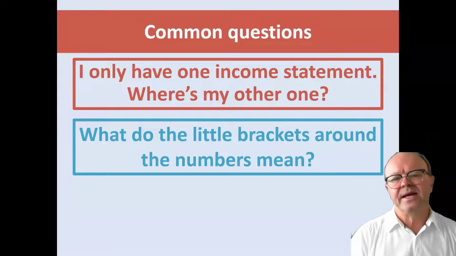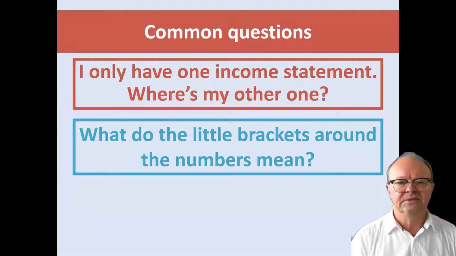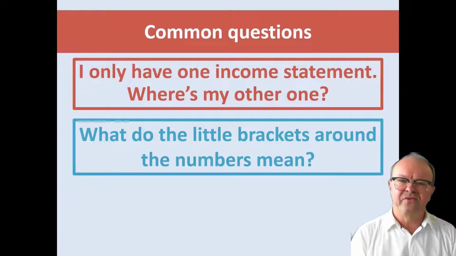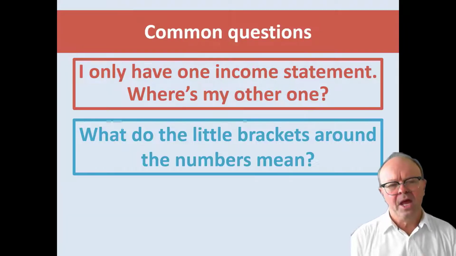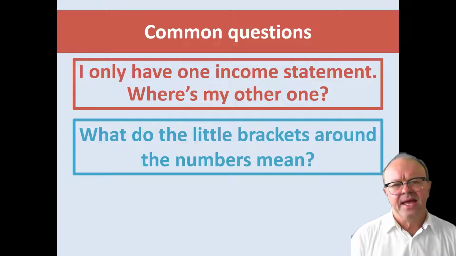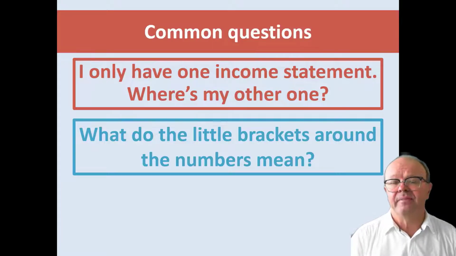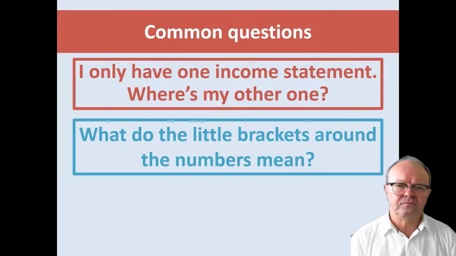If you've got two income statements, as many people will have, like with Ryman Healthcare, you just flow the statement of comprehensive income straight after your income statement. Your income statement, or your statement of financial performance, has its bottom line as your net profit after tax.